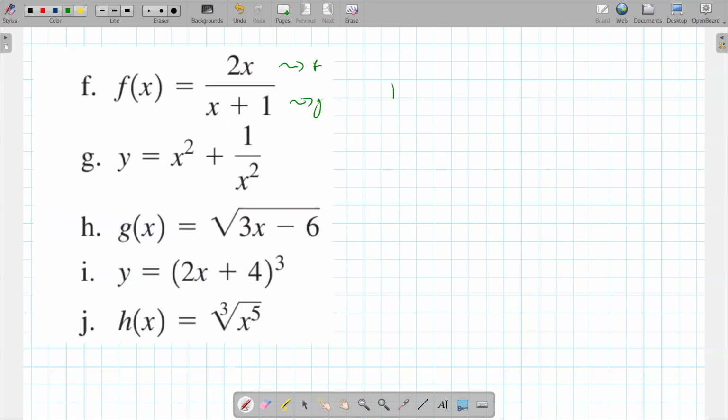Okay, what's f prime of x, if you remember what the formula was? There's a minus and there's a g squared on the bottom. It's f prime g, the derivative of the first function times the second function as it is, minus the first function as it is times the derivative of the second function. What will that be here?